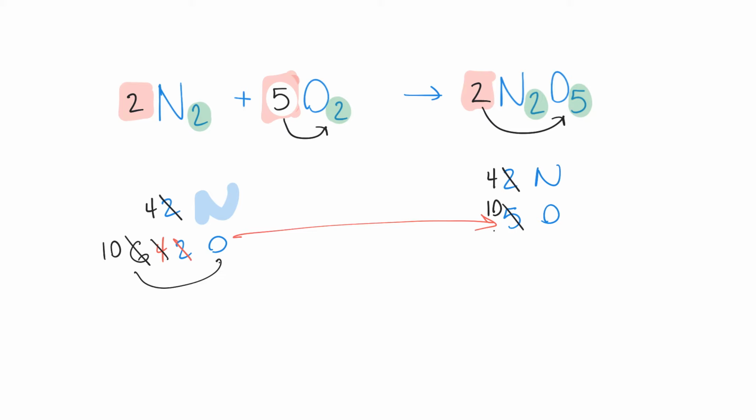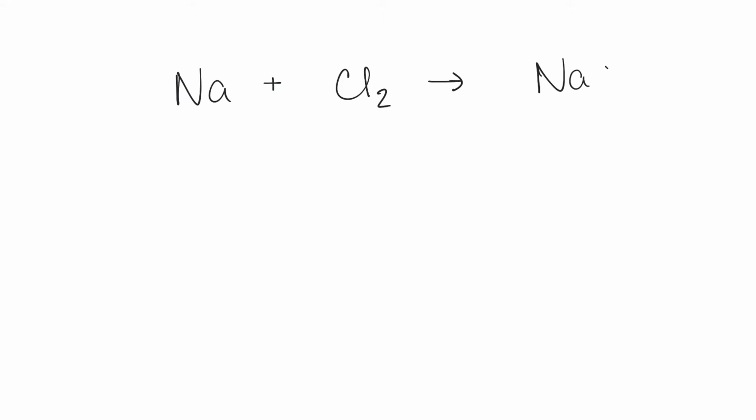Let's try another one. What if we have sodium, and we're going to add that to chloride, and that is going to yield, chloride's diatomic, so it's Cl2, and that's going to yield NaCl, sodium chloride.